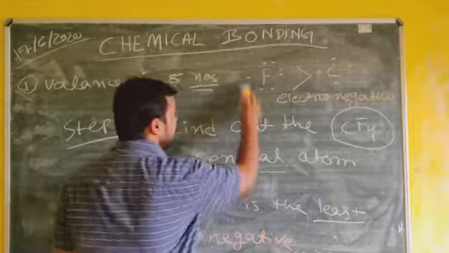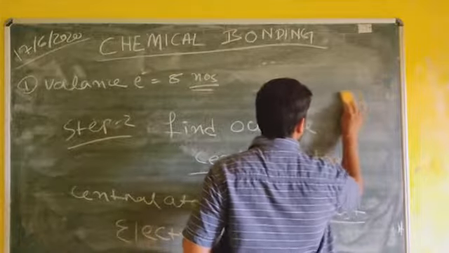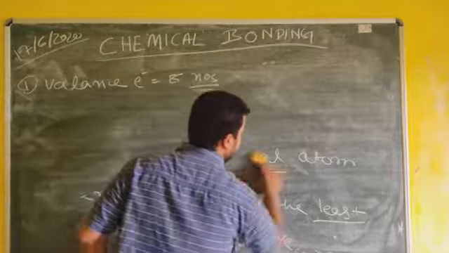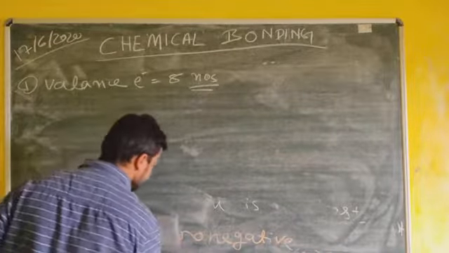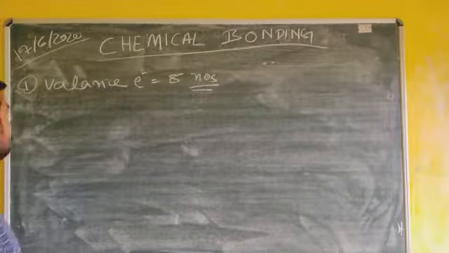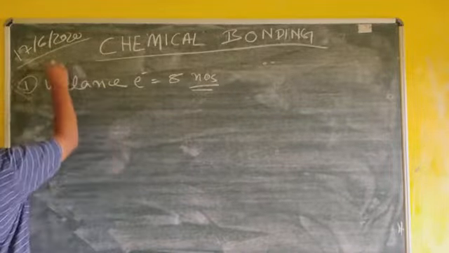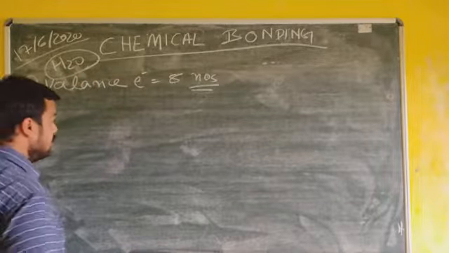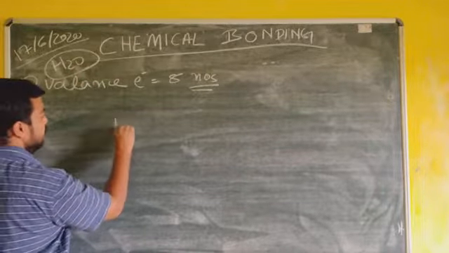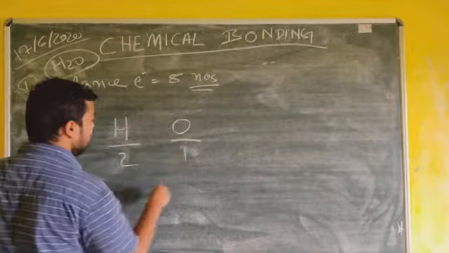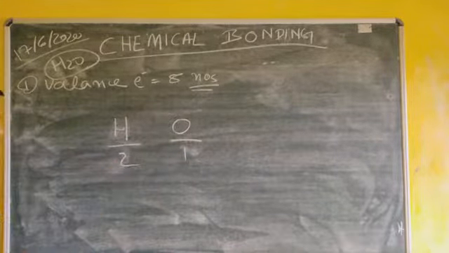So in the case of our molecule H2O, we have 2 hydrogen and 1 oxygen.